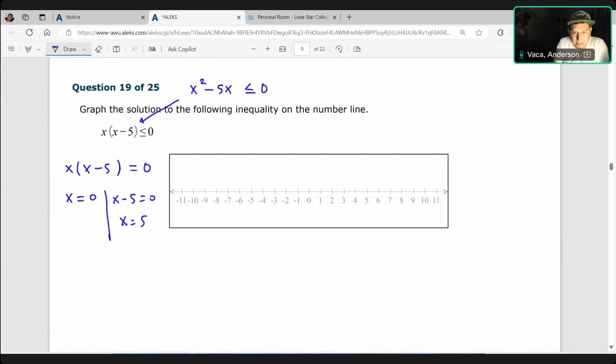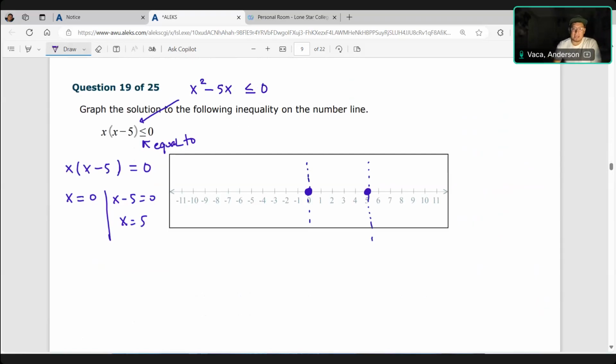So in this case, I am going to put a solid circle here, solid because of the equal to, okay? But had that not been an equal to, it would have been an open circle. So here I have a filled-in circle. Also at 5, we have a filled-in circle. So basically the number line has been broken into 3 sections.